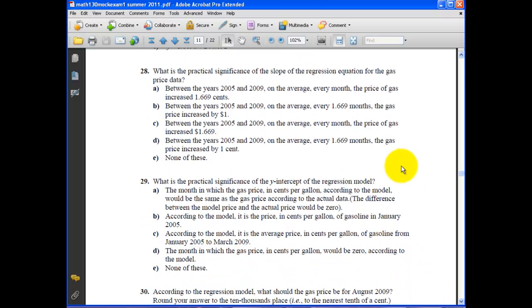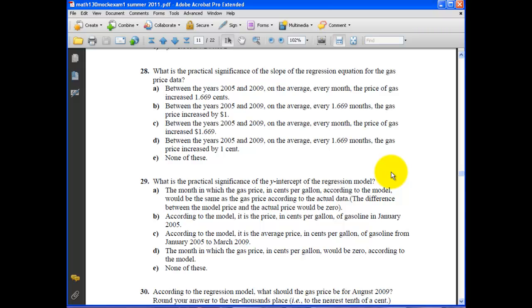It says, what is the practical significance of the slope of the regression equation for the gas price data? Now, as I mentioned in the other video, a lot of people struggle to interpret slope, and that's why we do it as a multiple choice question when we actually have it on the test. It's a lot easier to answer this question if you know what the units of measure attached to the slope are. As I was saying before, the units of measure are always y units divided by x units, in other words, response variable units divided by explanatory variable units.